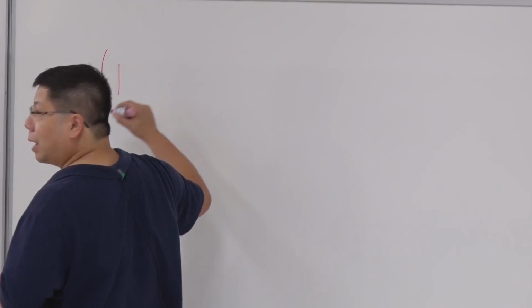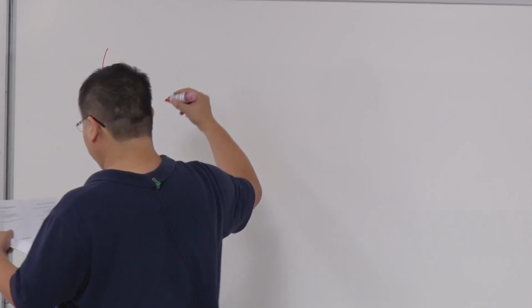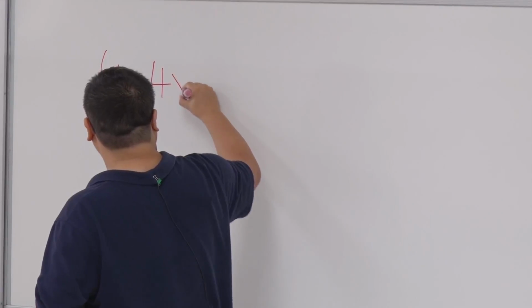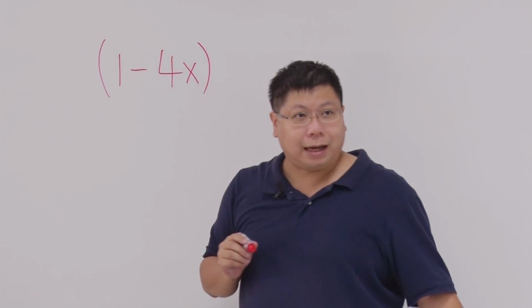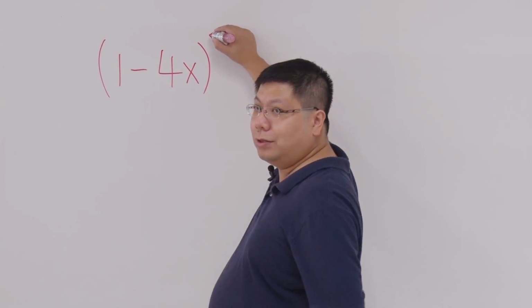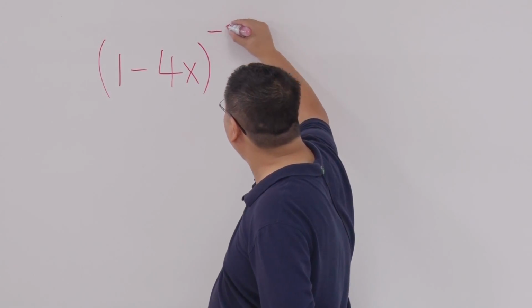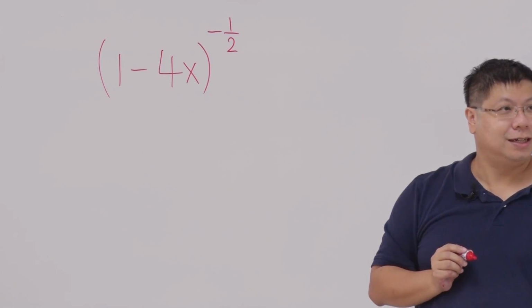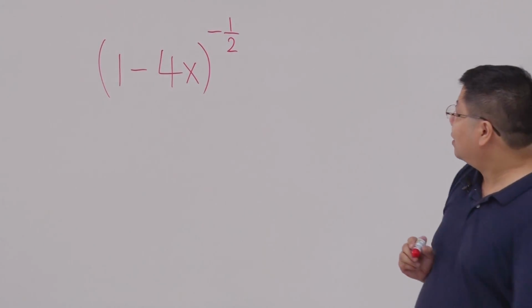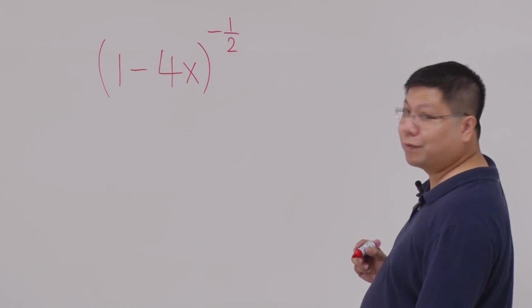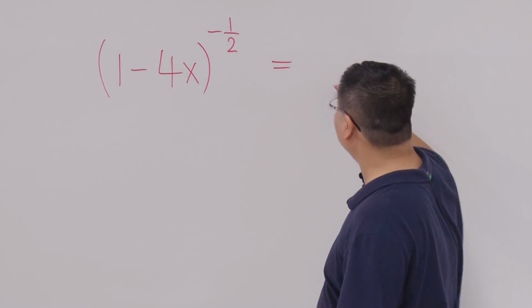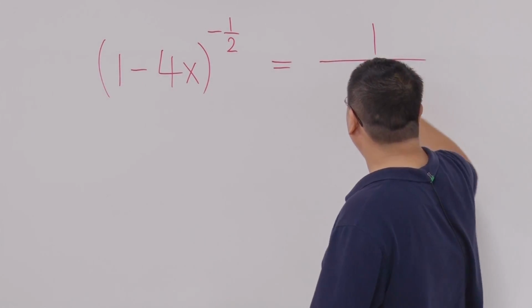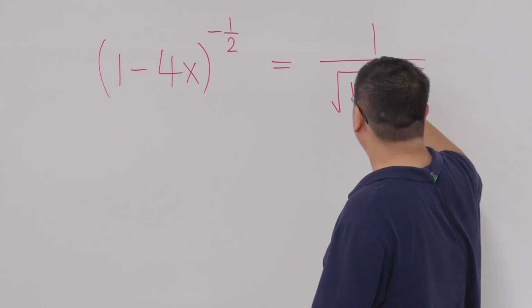So this time we look at 1 minus 4x, and for the first time, we have not an integer exponent here. This time, minus 1 over 2. So this is 1 over the square root of 1 minus 4x.